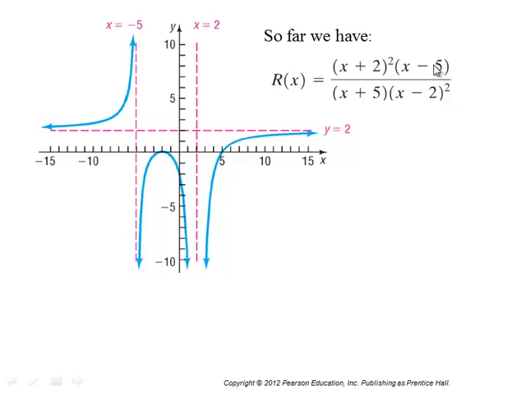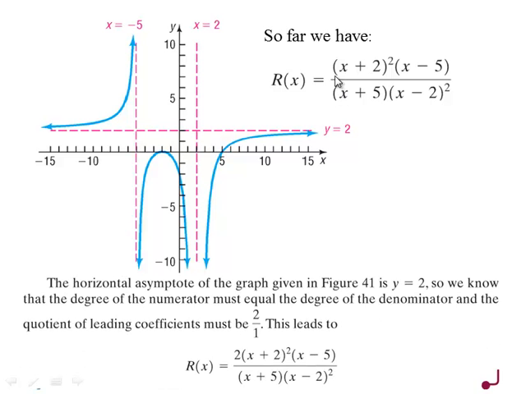Now, so far, for r of x, we've got a third-degree polynomial over a third-degree polynomial, and if you multiply each of the numerator and denominator out, you'll have leading terms of x cubed. But because for long-term behavior the horizontal asymptote will be y equals the ratio of the leading coefficients, that means we need to have a 2 in the numerator to compensate.